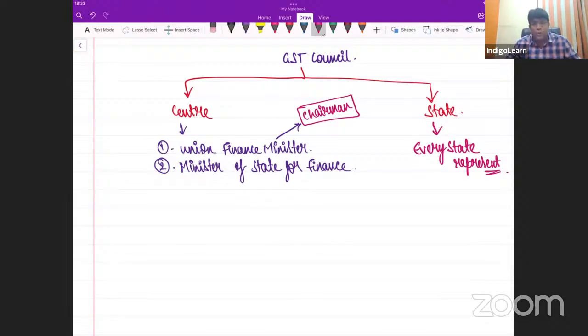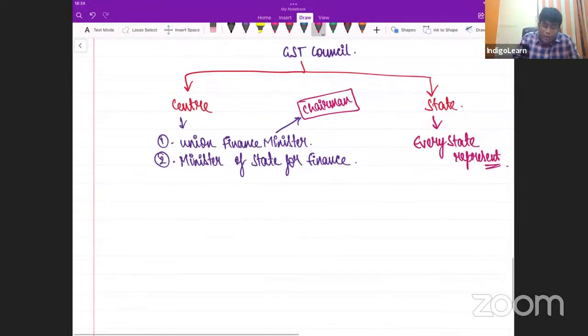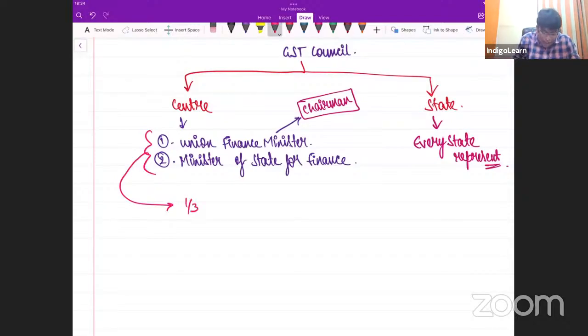Now what will these guys do? They will sit and discuss any change related to GST law, because any change in GST will be done by the central government on the recommendations of the GST Council. Now, an interesting point to be noted is that the center, these two guys together, have 1/3 weighted vote. That means if those two guys say yes, 1/3 is done.